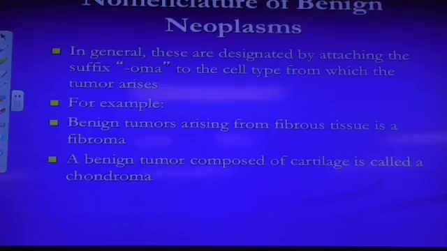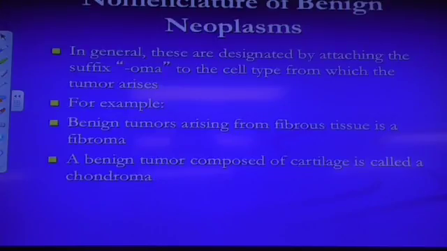And sarcoma is a malignant tumor of mesenchymal cell origin, such as fibrosarcoma, leiomyosarcoma, a smooth muscle malignant tumor, rhabdomyosarcoma, a striated muscle malignant tumor. So non-epithelial cell and malignant. Mesenchymal malignant tumor is sarcoma.